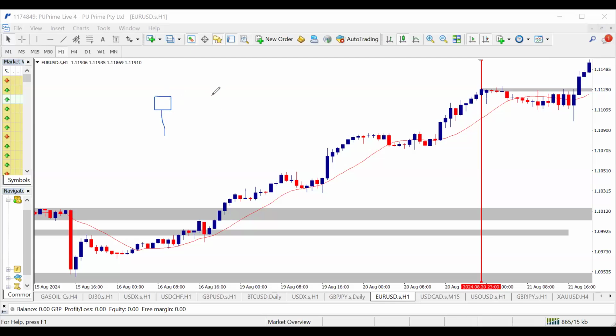Now, when you have this one coming here at the high, at the resistance, it's called the shooting star. But when you have this inverted hammer, you know, it's an inverted hammer when it is at the support zone.